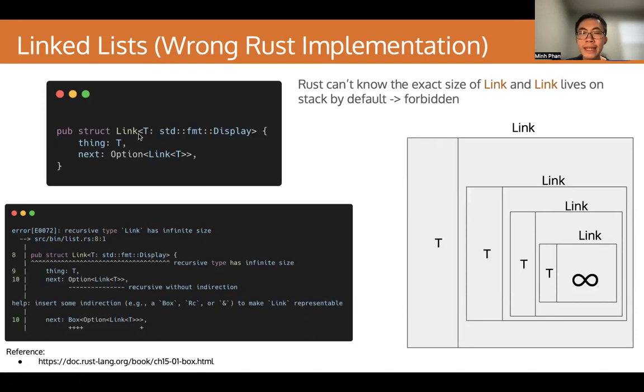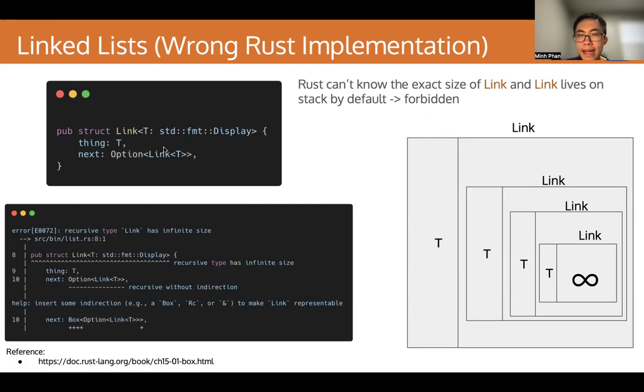First, let's look at the implementation again. What we actually have here is that each Link will store another Link inside of it. That's why it says there's no indirection. The Link can store nothing, but it can also store another Link.